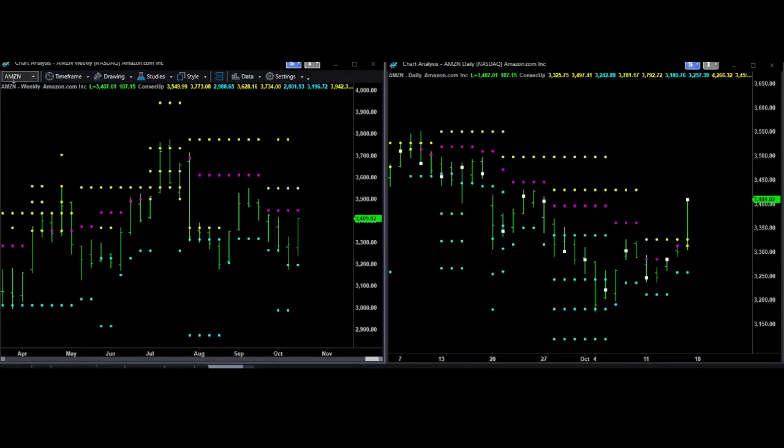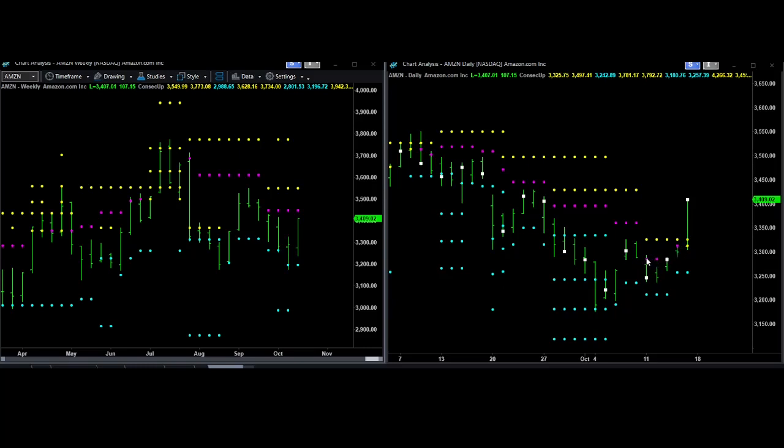So this is the Amazon AMZN weekly chart, and this is the Amazon daily chart. Each vertical line is the candlestick of the actual real-time data that happened in each day on the daily chart, or each week on the weekly chart. You see this purple resistance, that's an effective resistance.